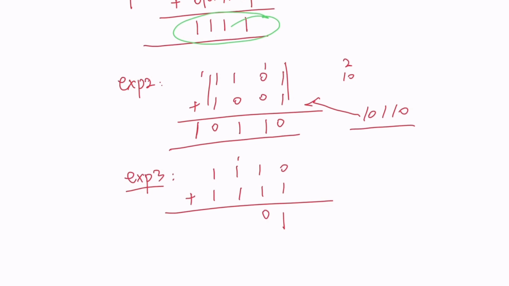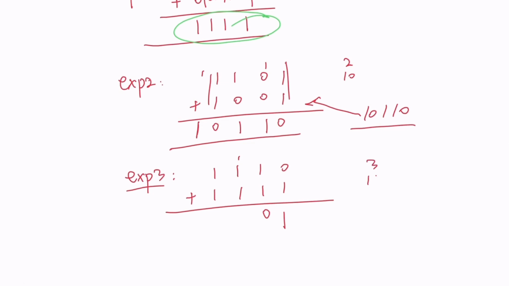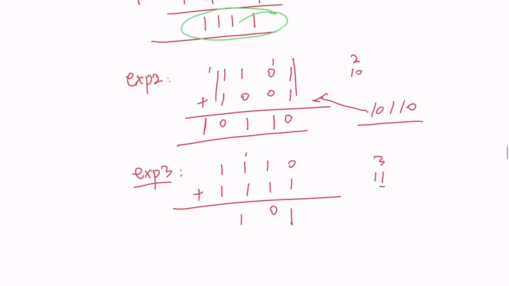Right now we have 1 plus 1 plus 1. That's 3. 3 is 1, 1. So basically we write 1, we get another carry over here. And we get 1 plus 1 plus 1. That's 3, so we get a 1 and get 1 carry. So the result will be 1, 1, 1, 0, 1 for this number.